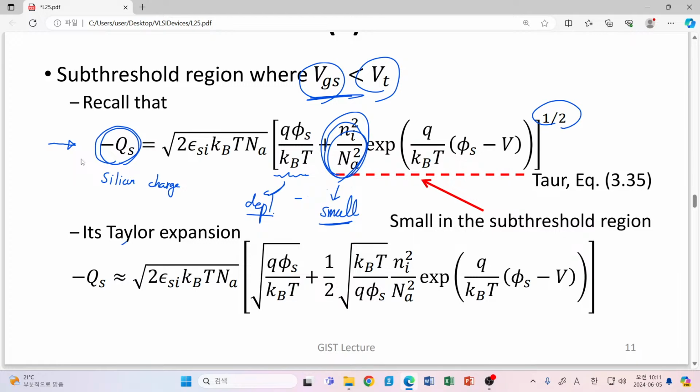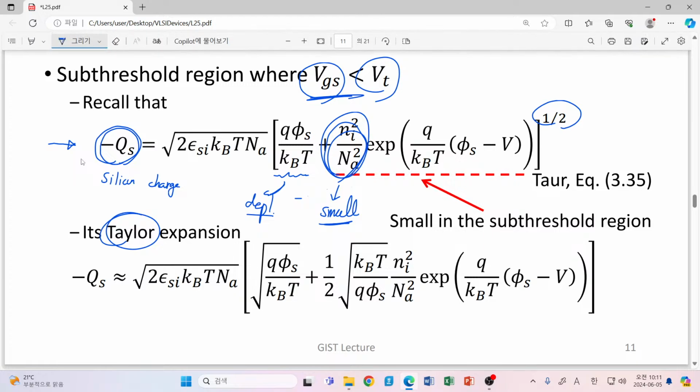Then we can make a Taylor expansion of this square root. I mean that it's like this. Here we have a plus delta, and let's say that delta is quite small and even close to 0.